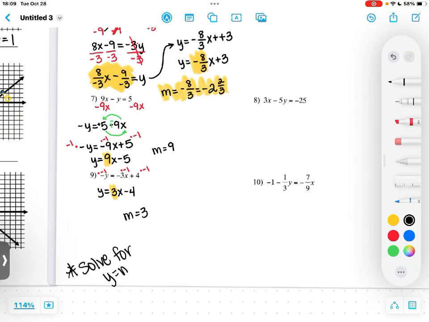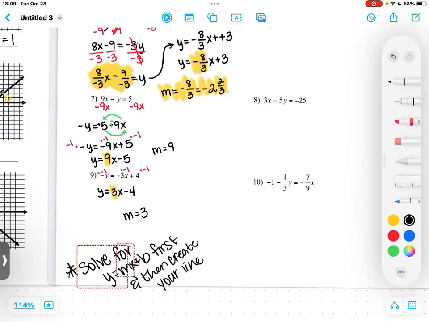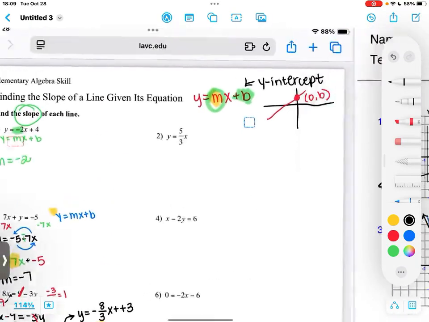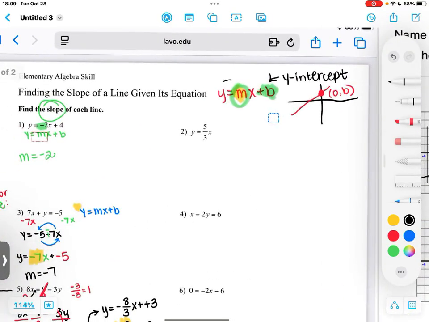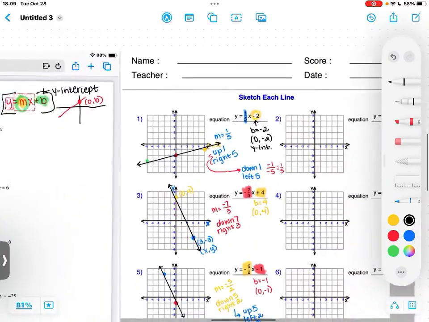But you will always need to have it in your y equals mx plus b equation first.